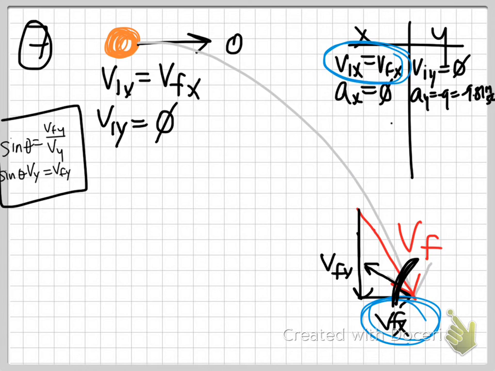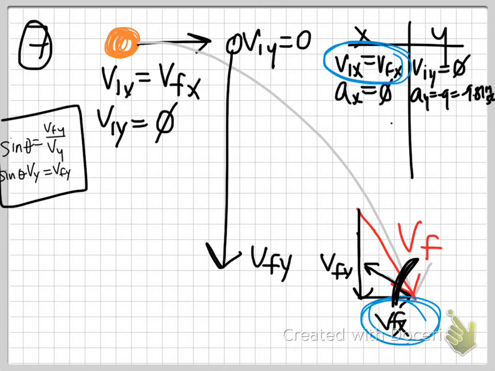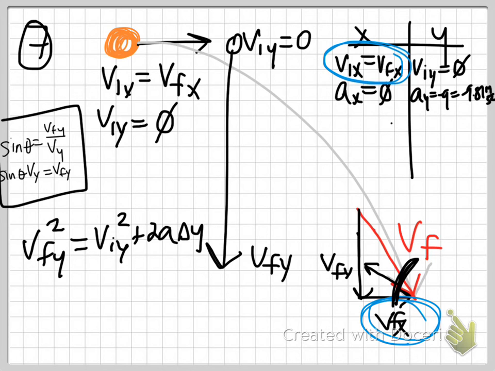So if we have this object and it is just straight up dropped with a VIY of 0, could we find the VFY after some known distance? Yes. So we could find the magnitude of VFY if we take VFY squared equals VIY squared plus 2a delta y. Yeah, I see what you're saying, because I put that expression for sine theta VY in for VFY.